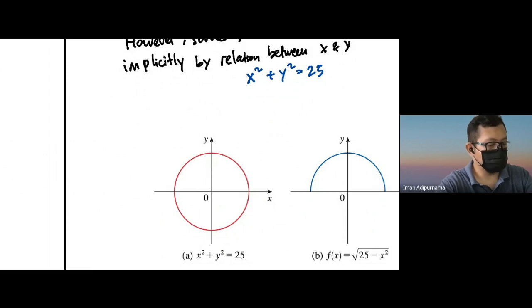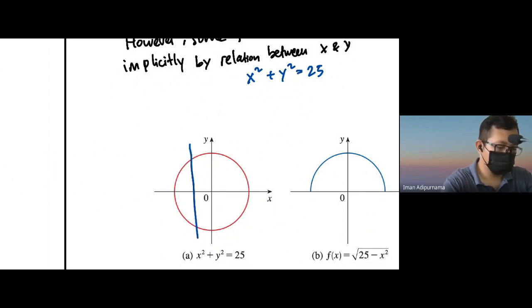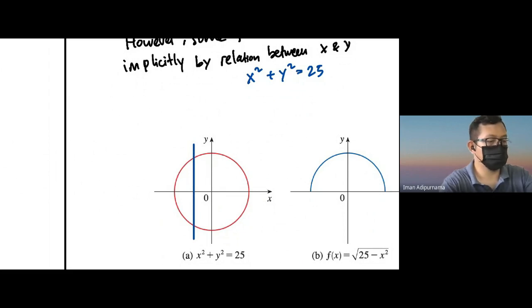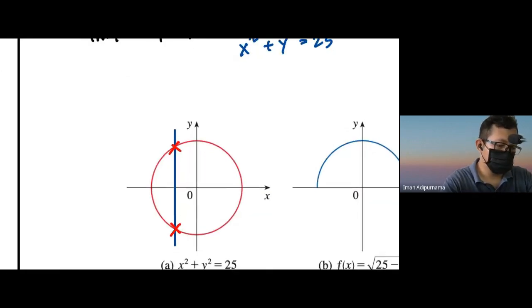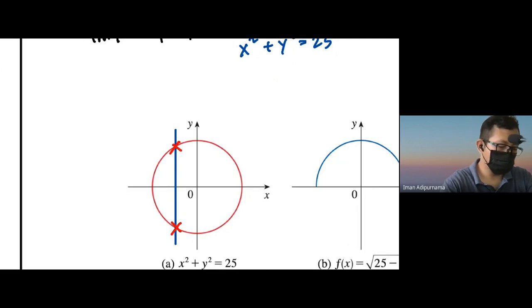If you want to define this as a function, this will be difficult, right? Because you have the vertical path, and we cross this point here, and this point here. What do we do now? The idea is to look at y.